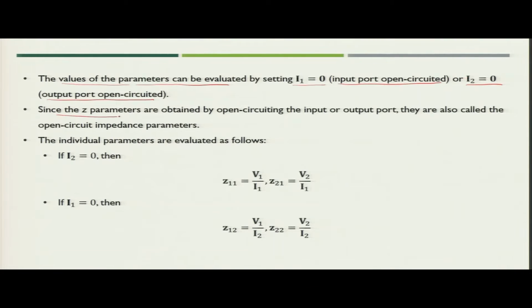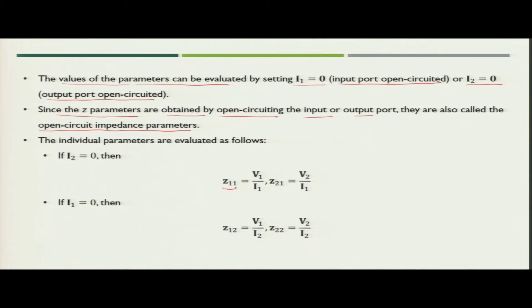Since these Z parameters are obtained by open circuiting either the input or output ports, they are also called open circuit impedance parameters. Now, let us see how we will evaluate the values of the Z quantities which we have seen in the matrix. Those are Z11, Z21, Z12 and Z22.